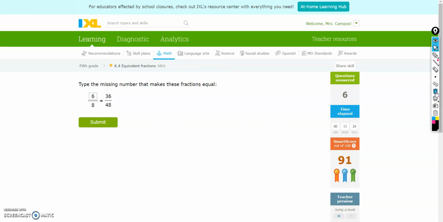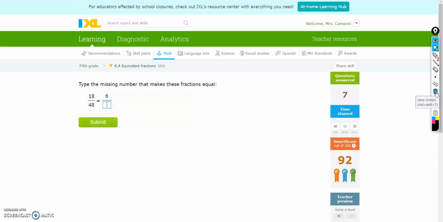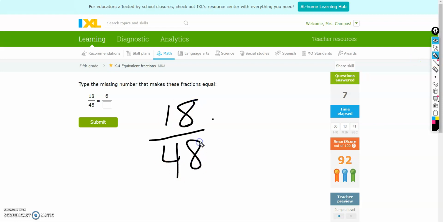Alright, I think we have time for one more. Alright, we have 18 over 48 equals 6 over blank. So my blank is on the side, so I want to go that direction.